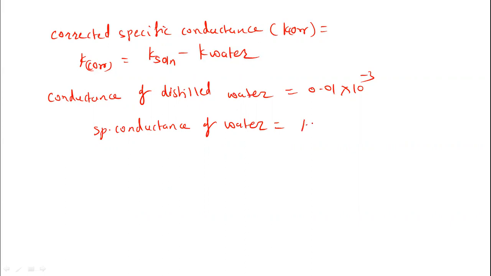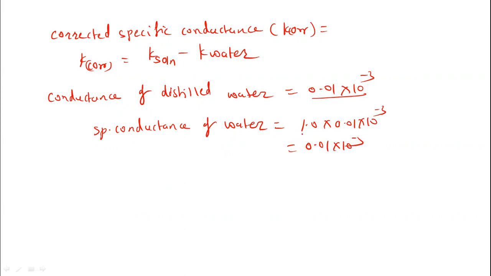Suppose the cell constant is 1.0, so it is equal to 0.01 into 10 raised to minus 3. That is the specific conductance of water here.